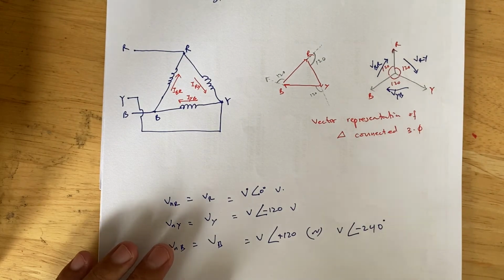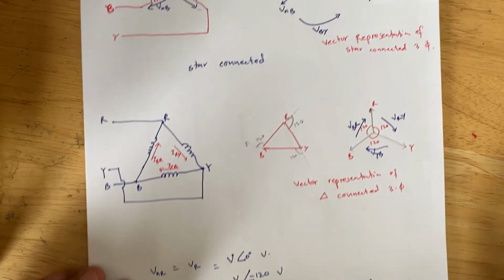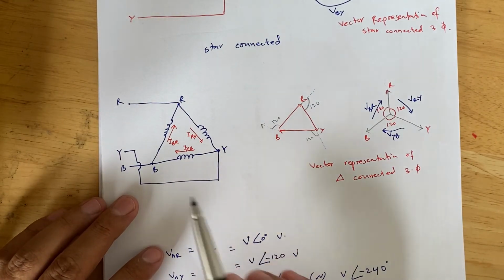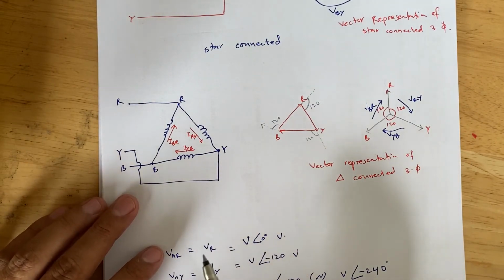Now the second system is the delta connected. In the delta connected case, you will not find a neutral point.